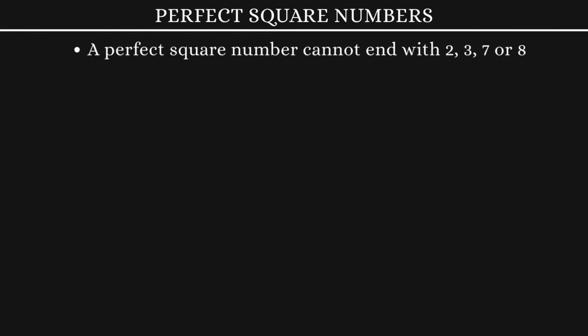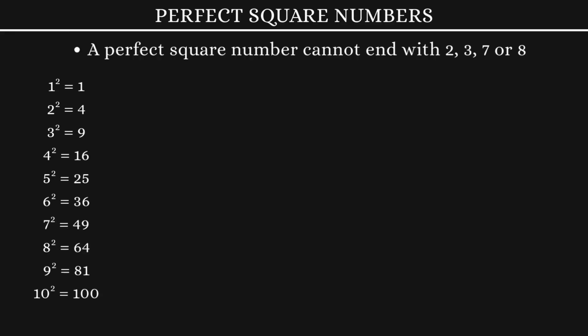To understand this, let's check the list of squares of the numbers from 1 to 10. We are concerned only about the ending digit.